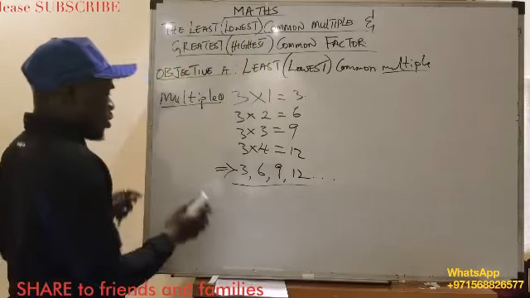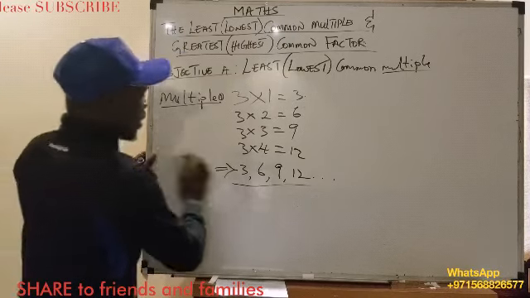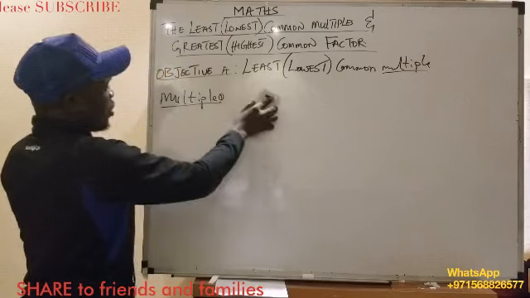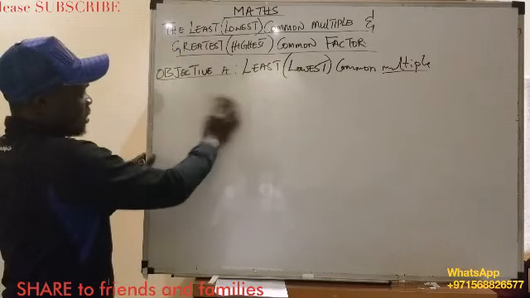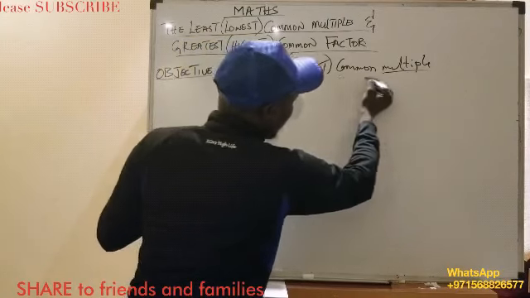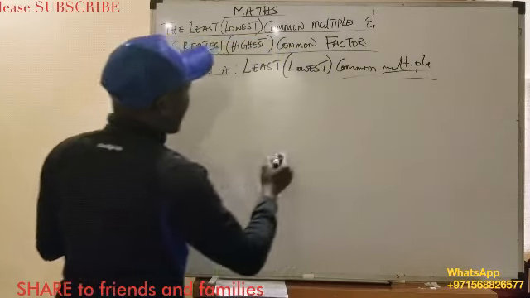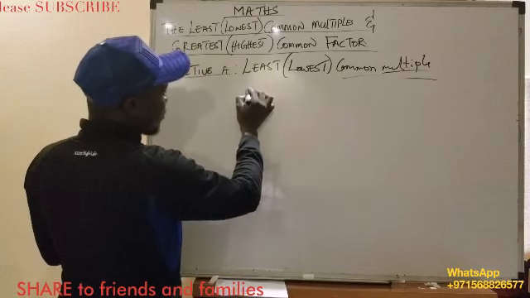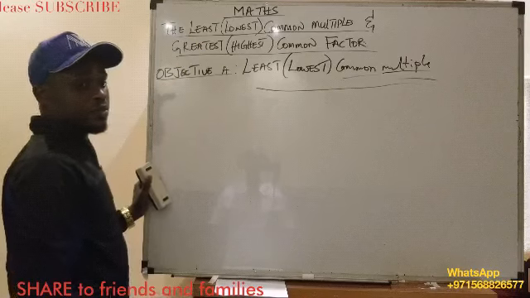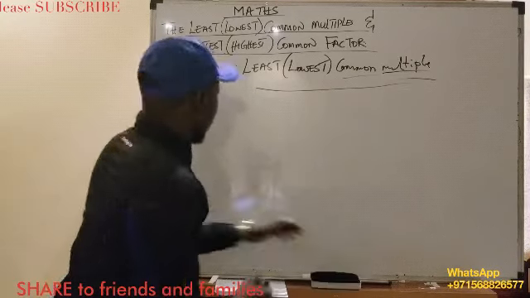So, let us go to the second example. With this second example, I will use it to explain multiples and the meaning of common multiples. After which, I will still use it to explain what we mean by least common multiples. So, example 2.